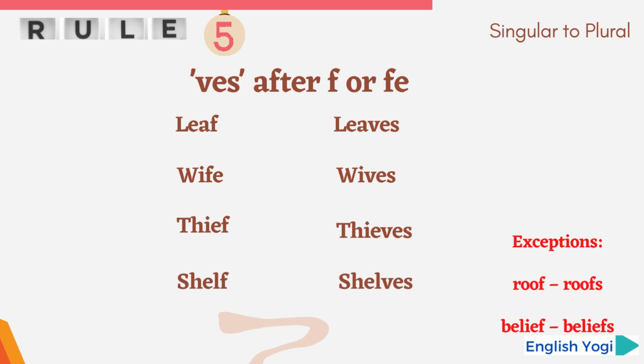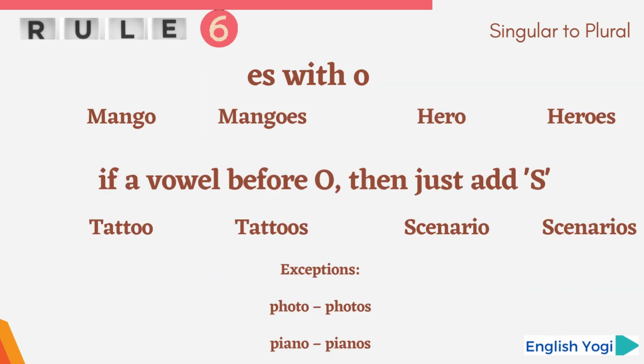So we are removing f or fe and adding ves to make it from singular to plural. There are certain exceptions that we have to remember: roof becomes roofs, and similarly belief becomes beliefs.